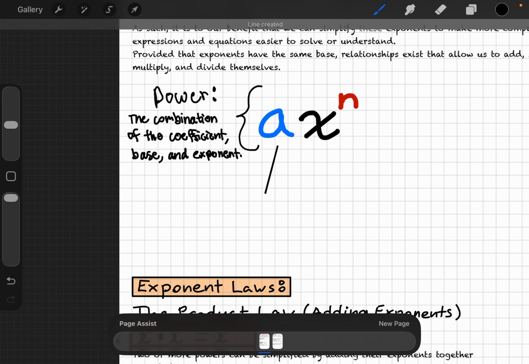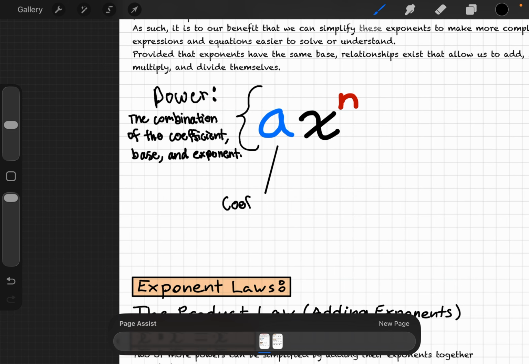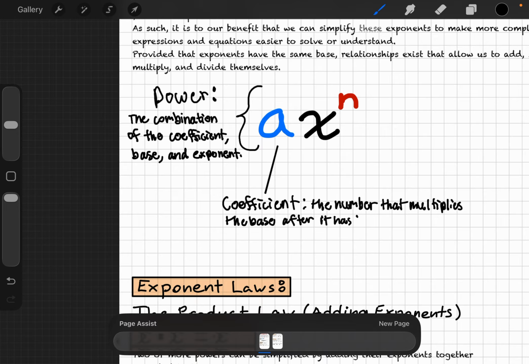Here, the blue A is called the coefficient. This is the number that multiplies the base after it has been multiplied by itself n times.